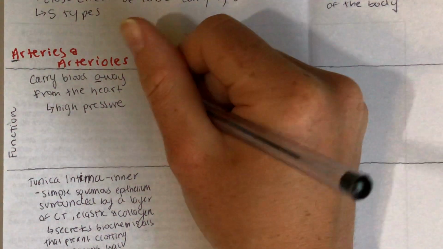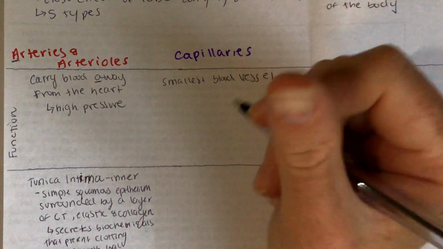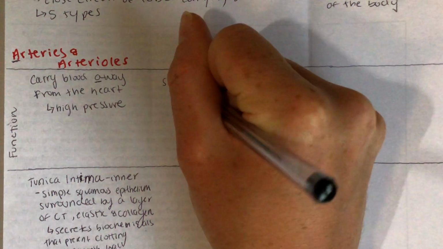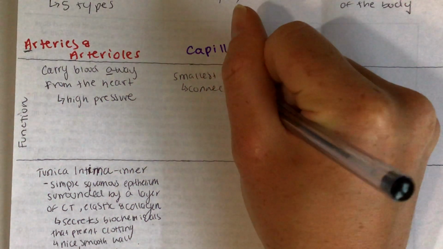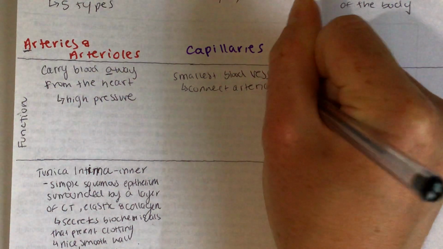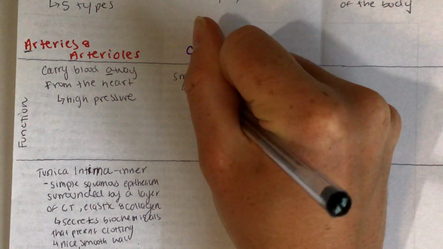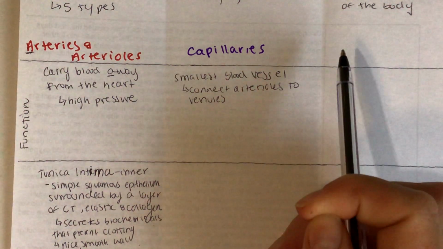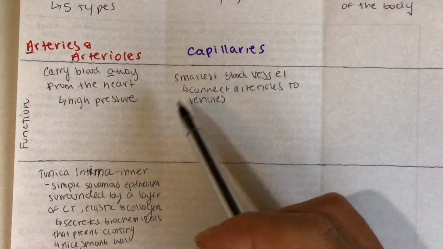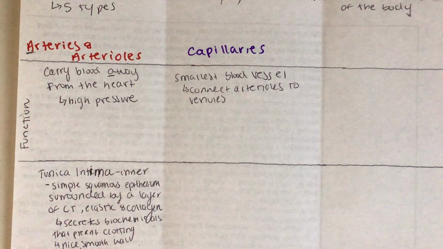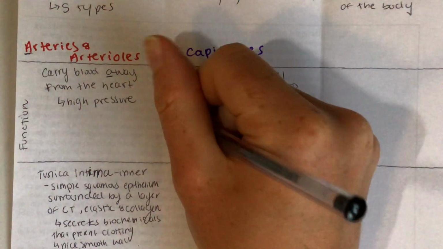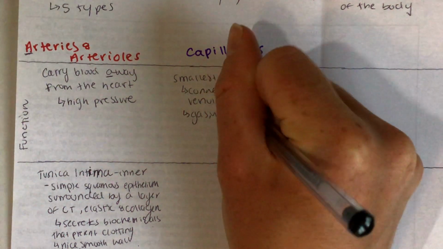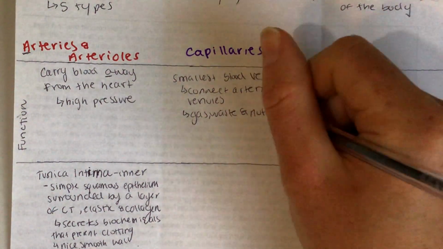What they do is they're going to connect arterioles to venules. So arterioles are the smallest arteries and venules are going to be the smallest veins. Now the reason I colored them in purple is because it's kind of a mix of blue and red blood, because this is where we're going to have gas, waste, and nutrient exchange occurring.